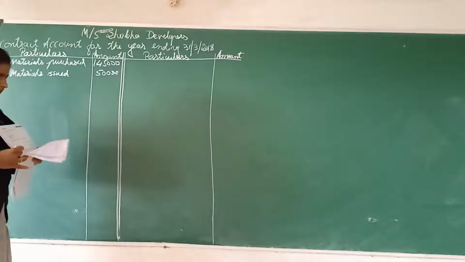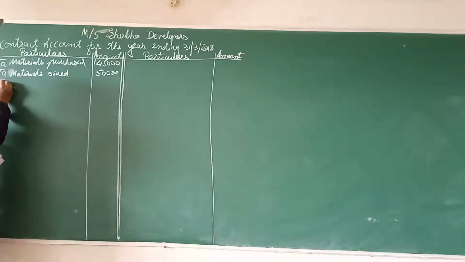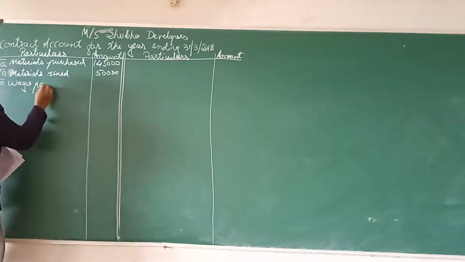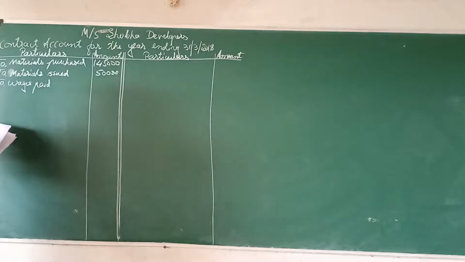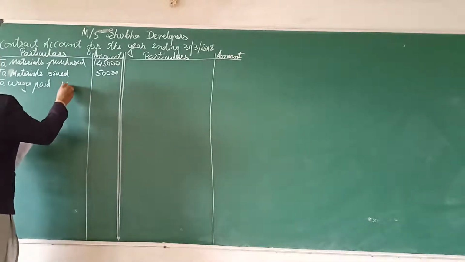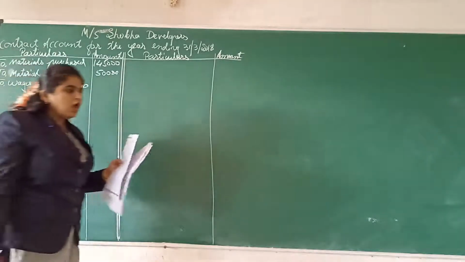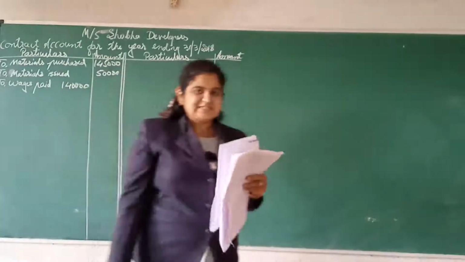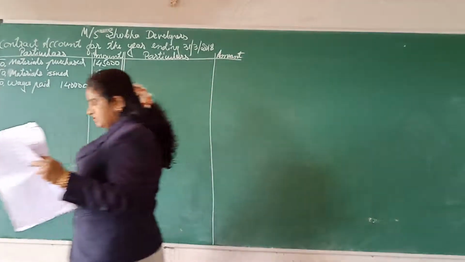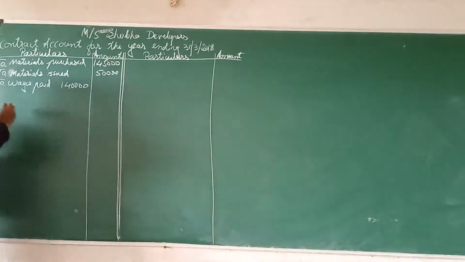Next comes wages paid, again on the debit side. Wages paid, write the amount in the inner column, 1,40,000. As I have told you all, I marked wages over there, it means there is an adjustment. Now there they have given us wages outstanding, so always outstanding has to be added.